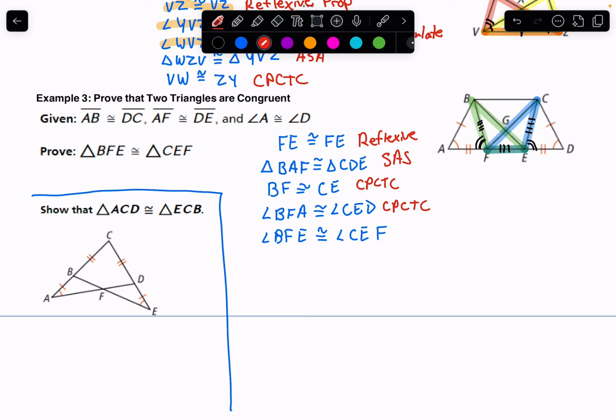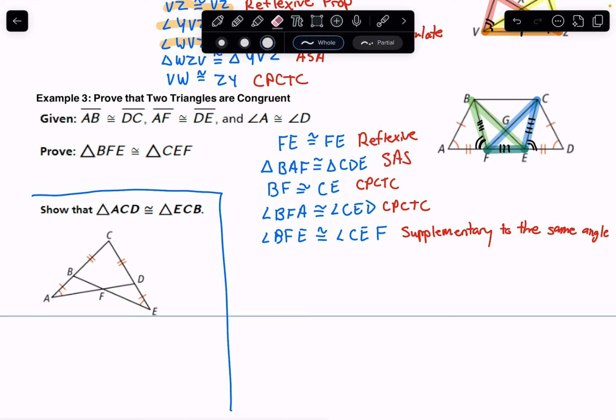And I think when we first studied that, we called that the supplementary to the same angle theorem. They're supplementary to the same angle. And when I look now, I have 3 congruencies in my green triangle and in my blue triangle, right?